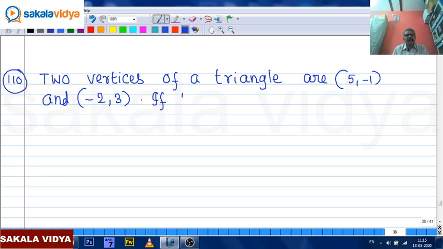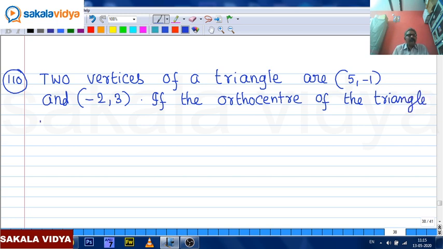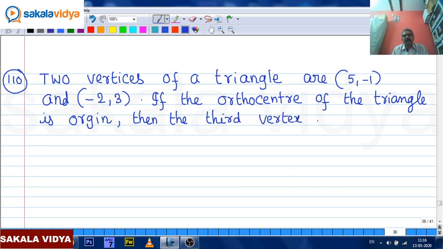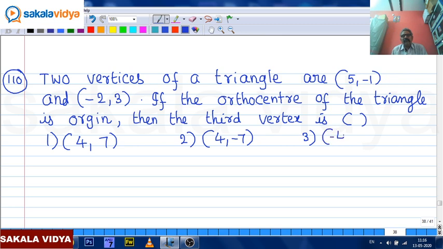If the orthocenter of the triangle is origin, then the third vertex is: first option 4 comma 7, second option 4 comma minus 7, third option minus 4 comma 7, fourth option minus 4 comma minus 7.